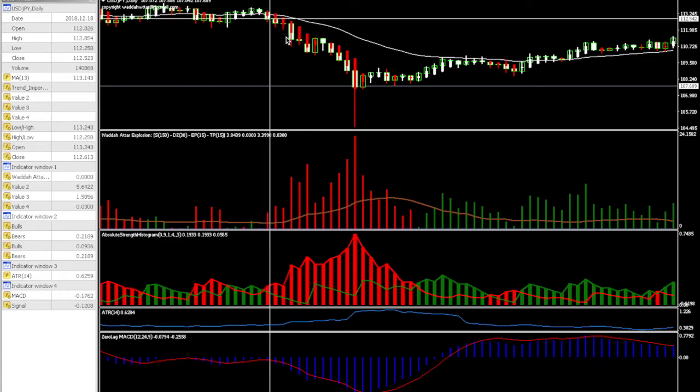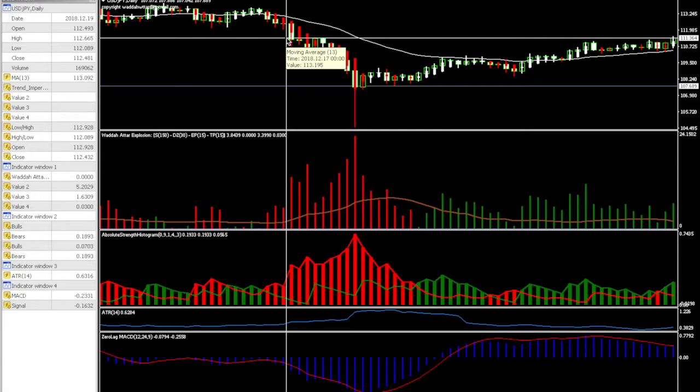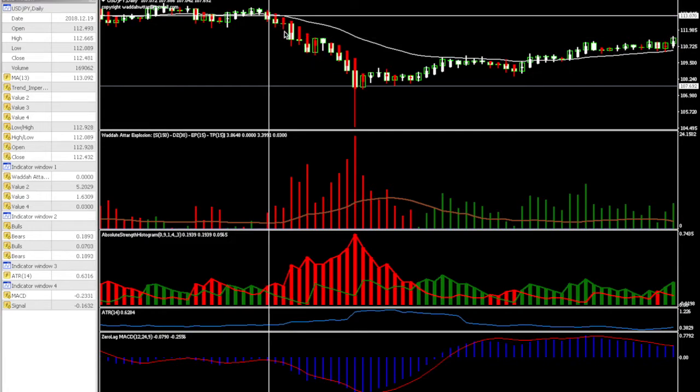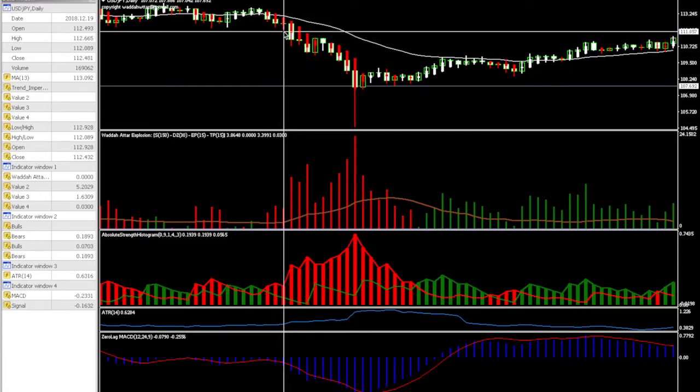We would open two positions, and once the take profit of the first is hit, we would put the stop loss of the remaining position to break even.